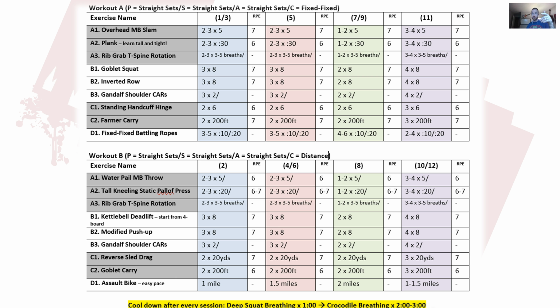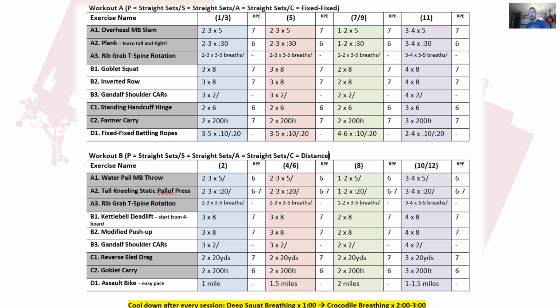If they're training 3 days a week, Monday, Wednesday, Friday, for example, they're going to go workout A on Monday, workout B on Wednesday, workout A on Friday. So that would be session 1, 2, 3. If they were training 2 days a week, let's say Tuesday, Thursday, they would do workout A, session 1 on Tuesday, workout B, session 2 on Thursday.